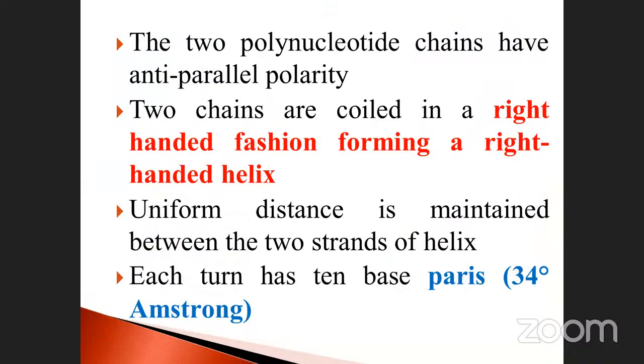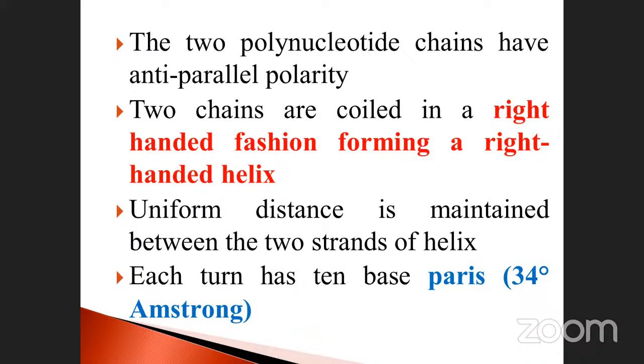The two polynucleotide chains have an anti-parallel polarity, 5', 3', 3', 5'. The two chains are coiled in a right-handed fashion. When you study the different types of DNA molecules, there are right-handed and left-handed. In sugar molecules also, and in amino acids also, there are specific rotations: levo-rotatory and dextro-rotatory.